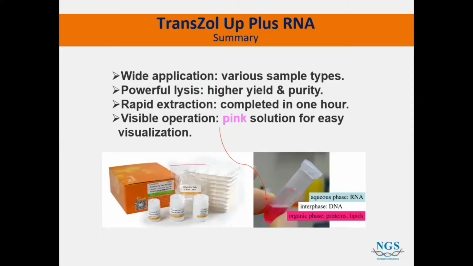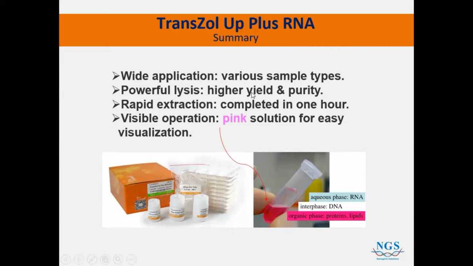Okay, so I'll summarize this Transo Up Plus RNA kit. It can be used for various types of samples, for example, bacteria, plants, any cells or tissues. So basically, for most of the samples you can use our kit to extract your RNA. This is because it has a very powerful lysis.